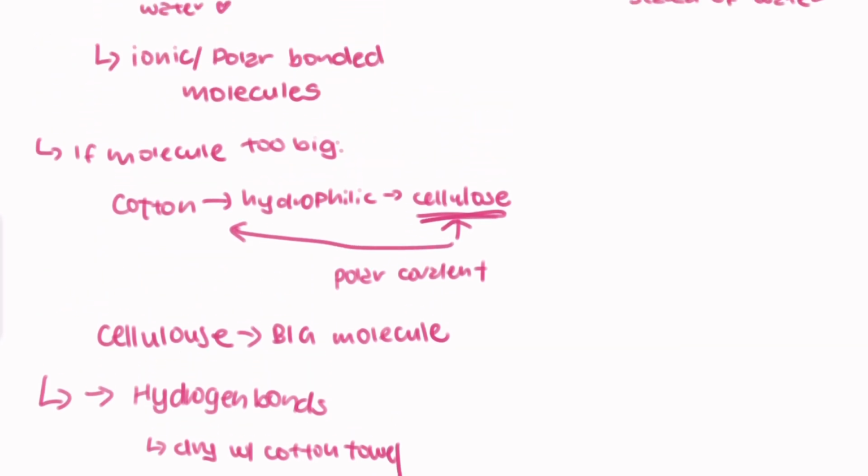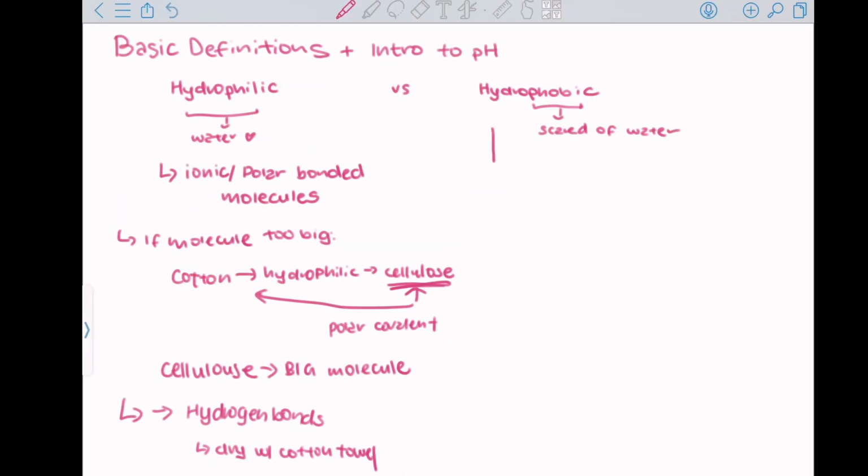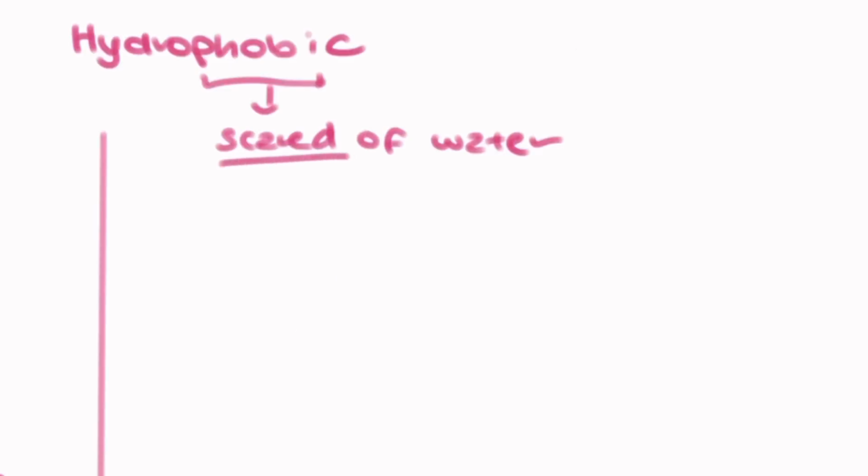All right, and now let's go over hydrophobic. Let me just draw a quick line so you guys can see. I think that's good for a line. Okay, so hydrophobic is a substance that is scared of or has no affinity for water.